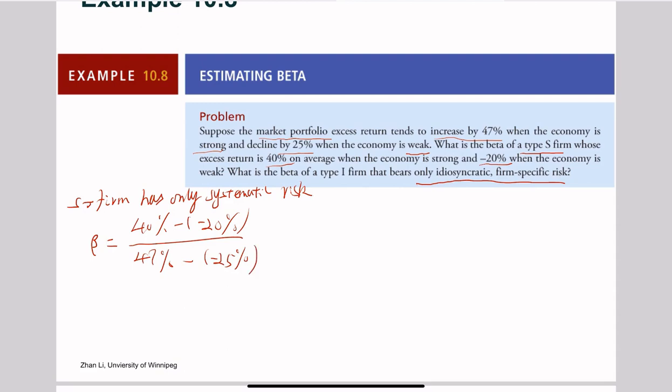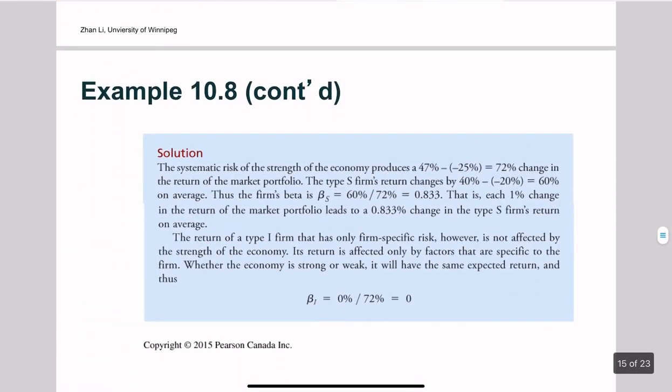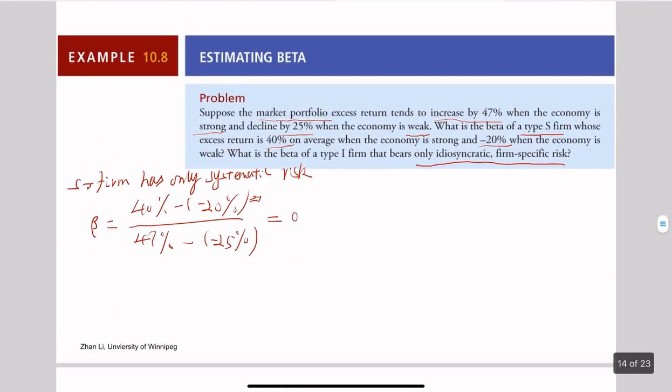Now you can see that the numerator here is the raw change. However, the type S firm contains only systematic risk. So the total change in type S firm's return equals the total change in the return because of systematic risk. So this equals 0.833.